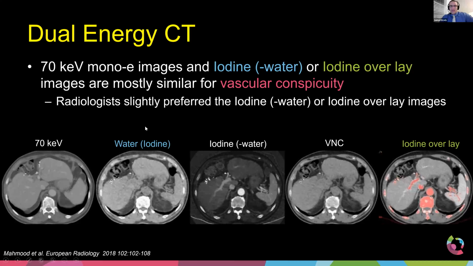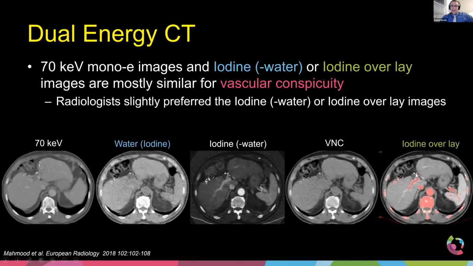When they looked at the water iodine maps and then the iodine overlay map, which is a grayscale image where the system has identified what is iodine and what is water and does a pseudo color over the iodine area, basically every radiologist said they preferred the iodine images, where you subtract the water information out or simply do a pseudo coloring over top of the vasculature.